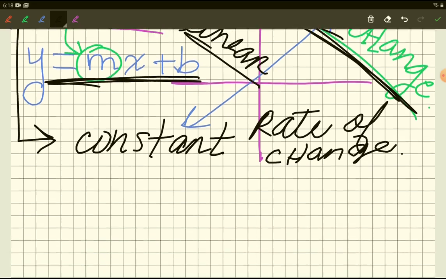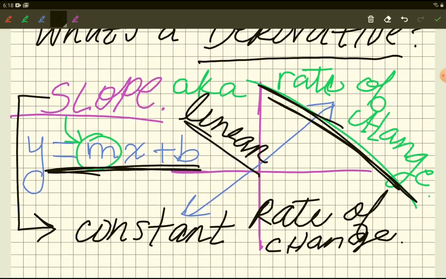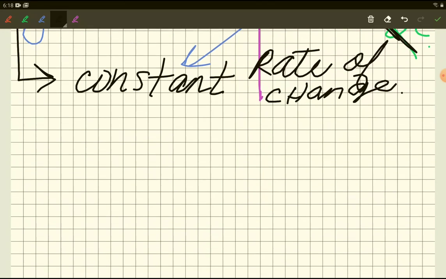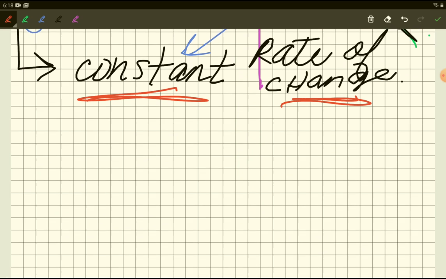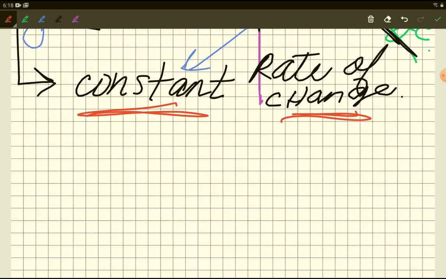I know it sounds kind of weird to hear the words constant and change in the same sentence, but I'm going to show you what I mean by that.